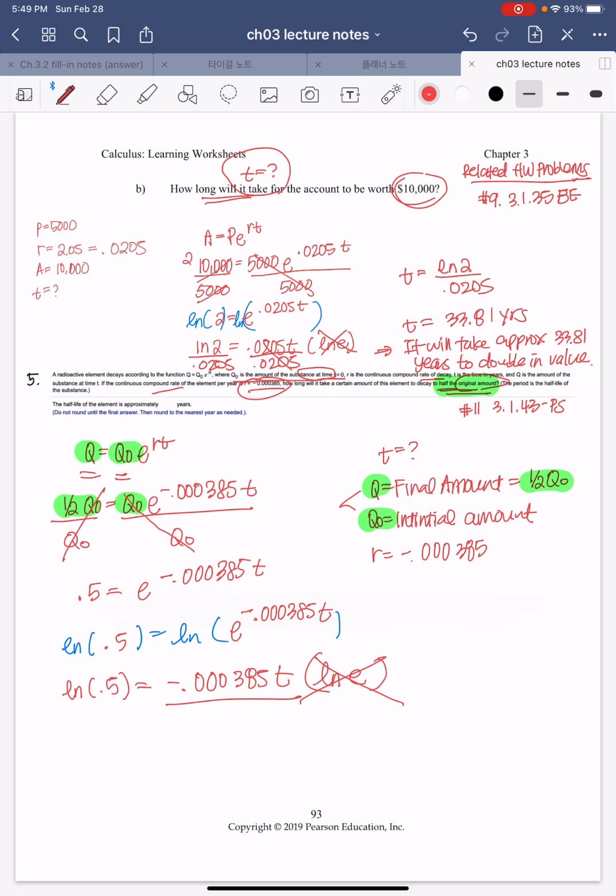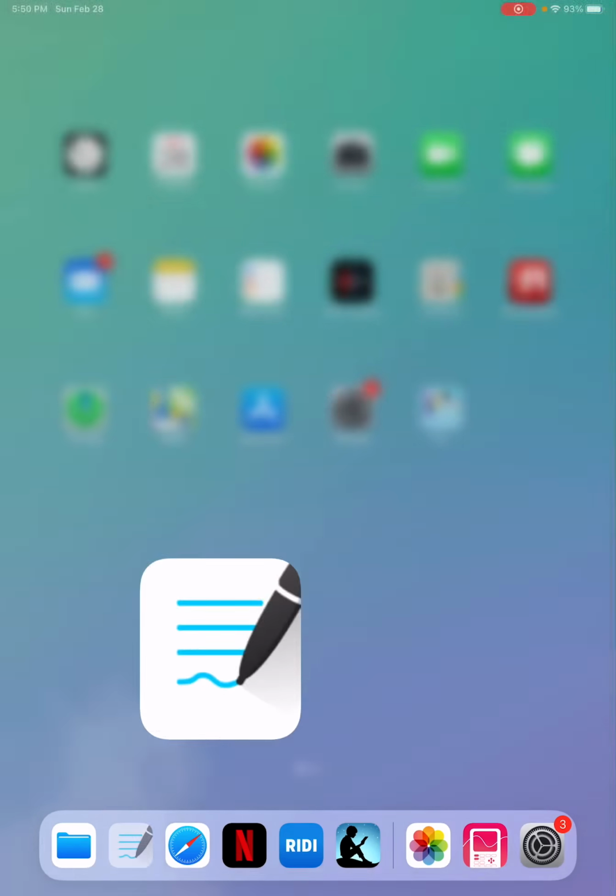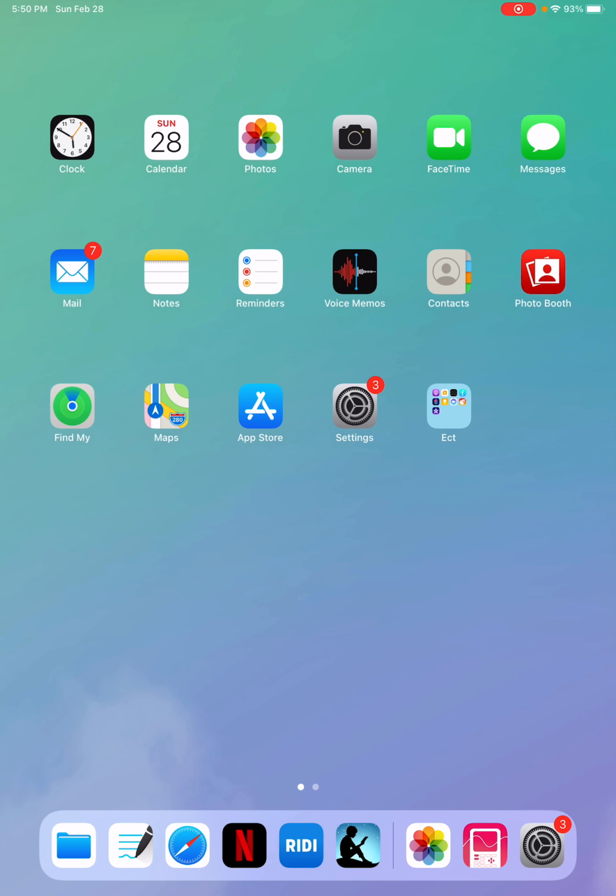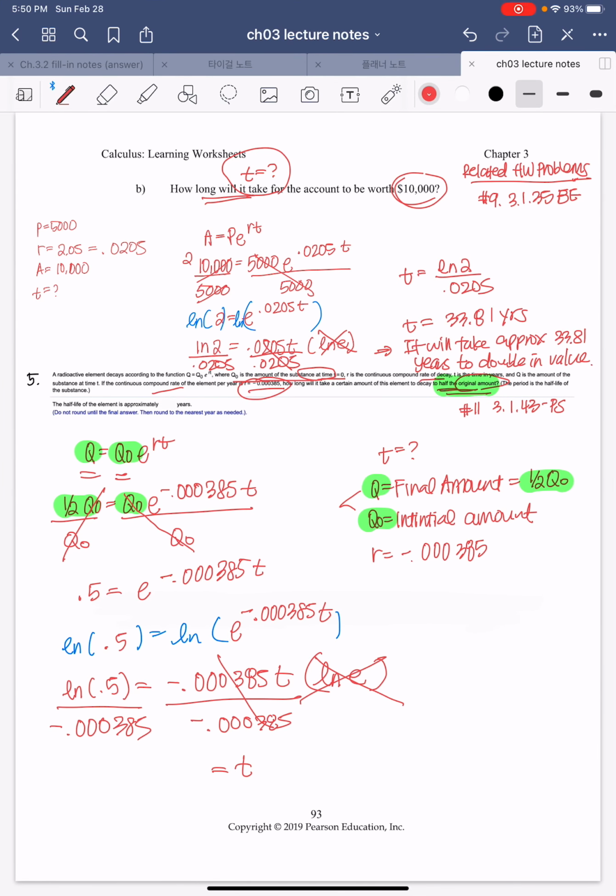So to have T by itself, I'm going to divide by negative 0.000385 on both sides. So T is equal to ln 0.5 divided by negative 0.000385.